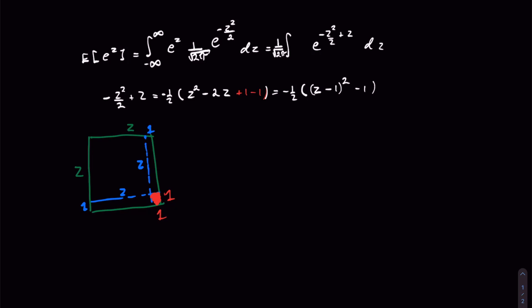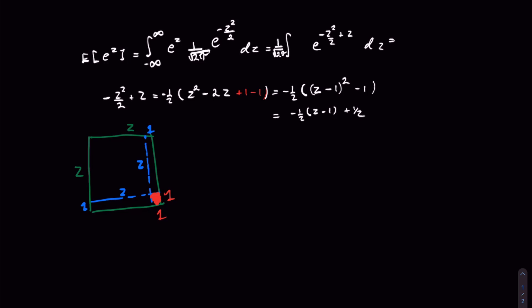And that simplifies to minus a half, z minus 1 plus a half. Okay, so that's what's going on in the exponent here, so we can change this for that.